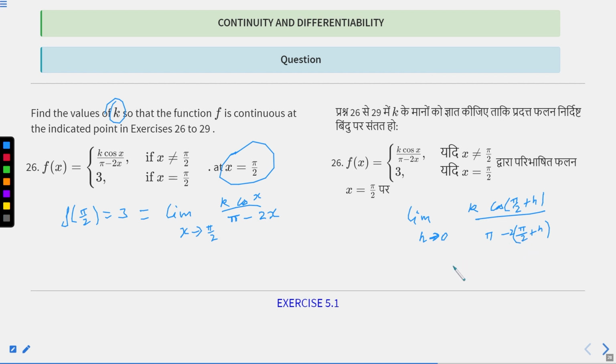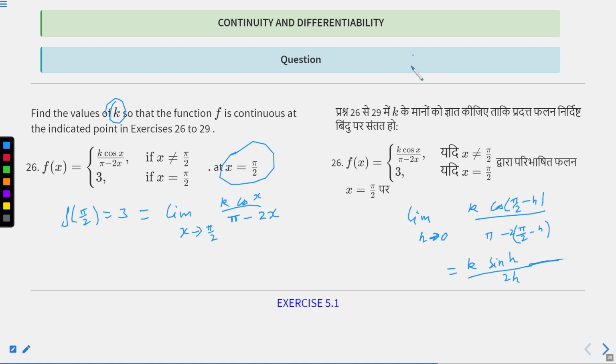If this happens, then minus 2h will be in the denominator, and in the numerator it will be cos A cos B minus sin A sin B. Or I can use this sort of thing also: cos of (90 minus theta), as you all know, will be sine theta. Now this is happening.